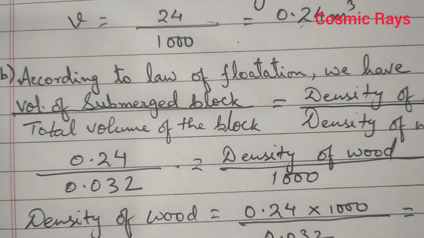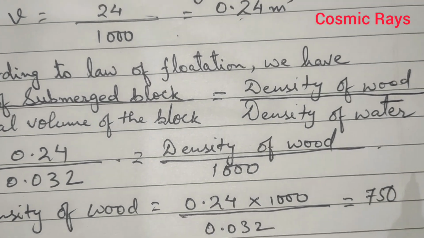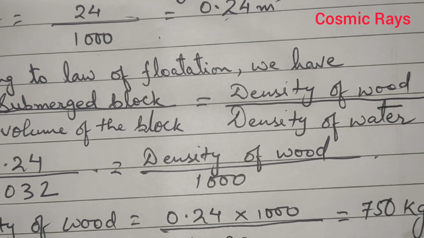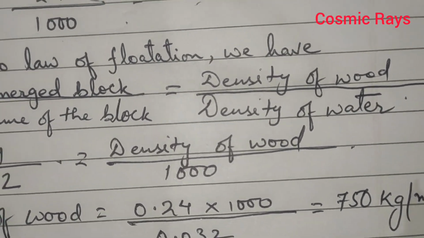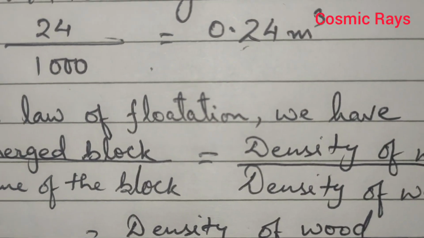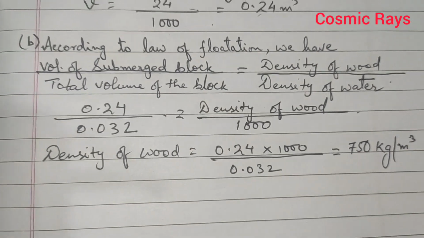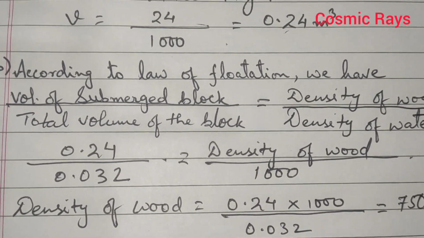So after calculation it should be 750 kg per meter cube.